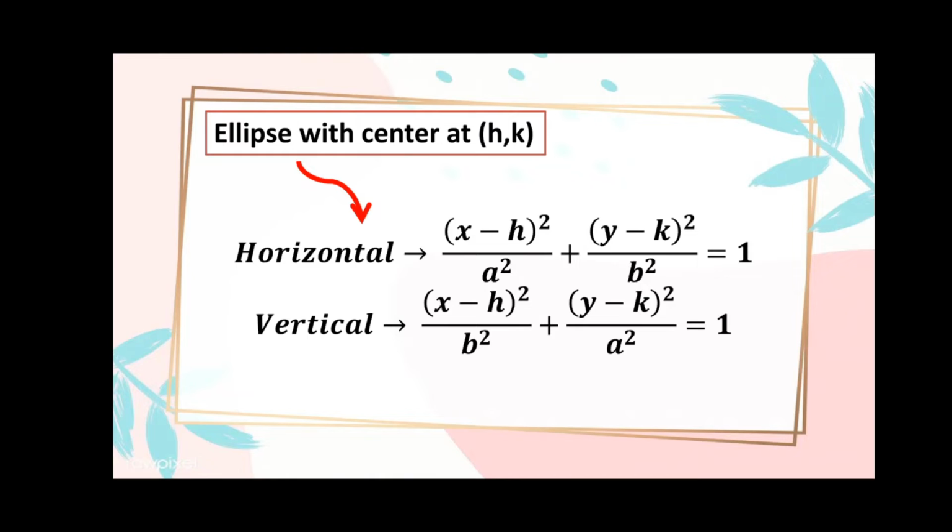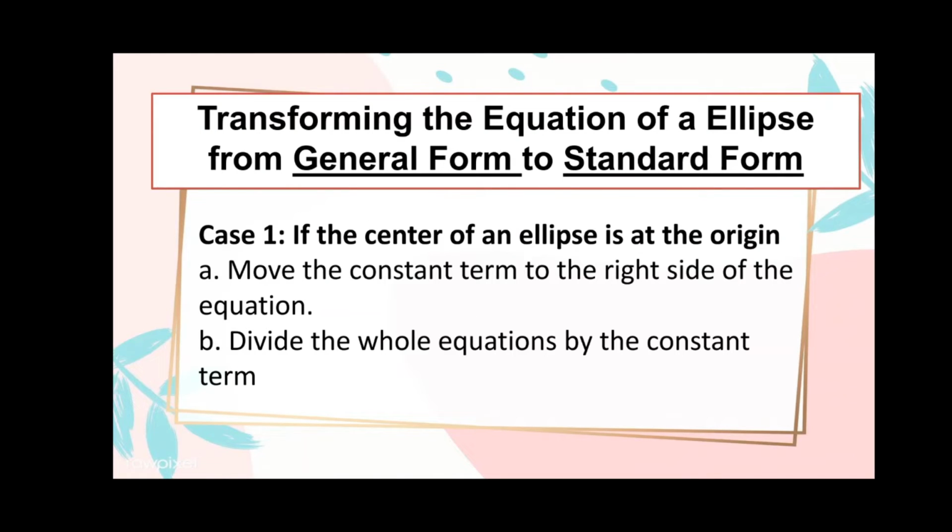So similar to the ellipse with the center at the origin, you can see that the denominators only interchange for the horizontal and vertical ellipse.